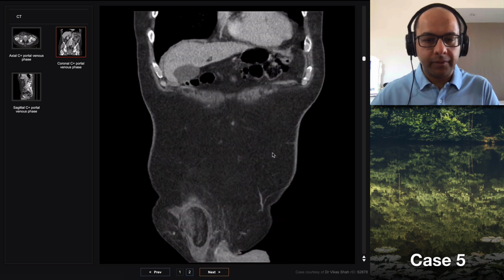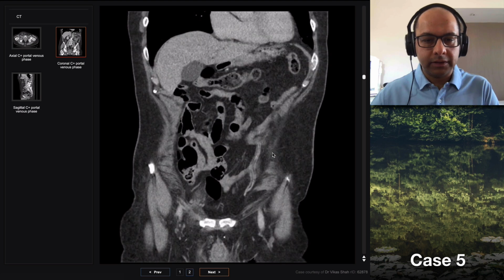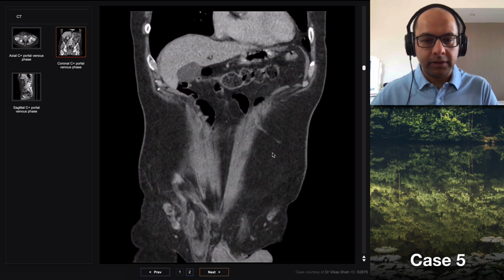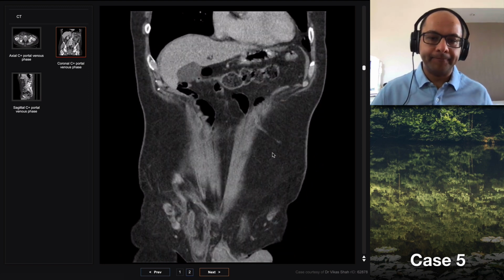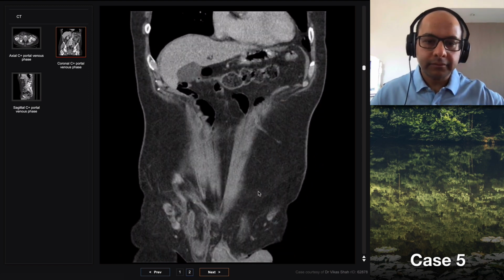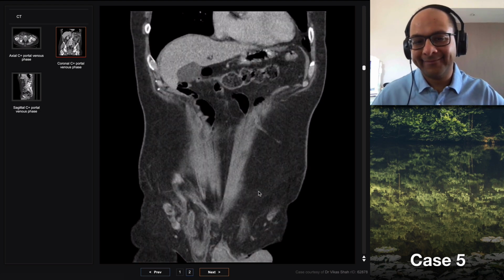Okay. So appearances are in keeping with a strangulated inguinal hernia containing the appendix. I know it's got an eponymous name. It's escaped me right now.